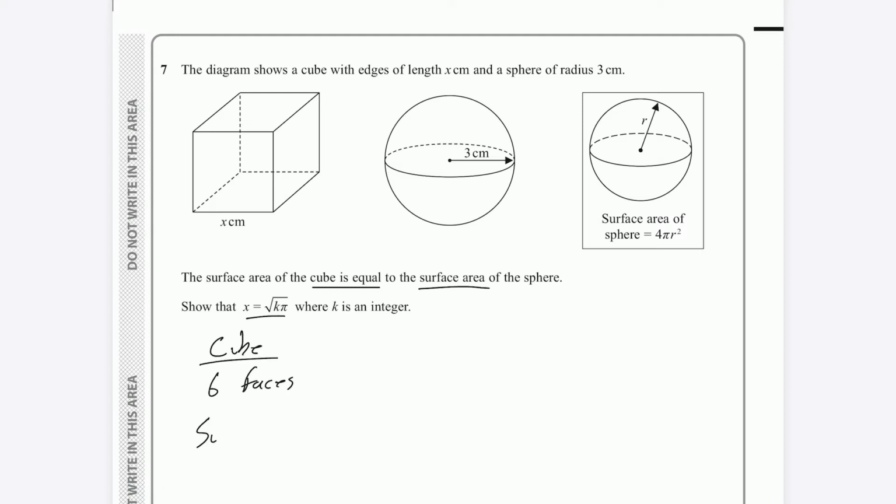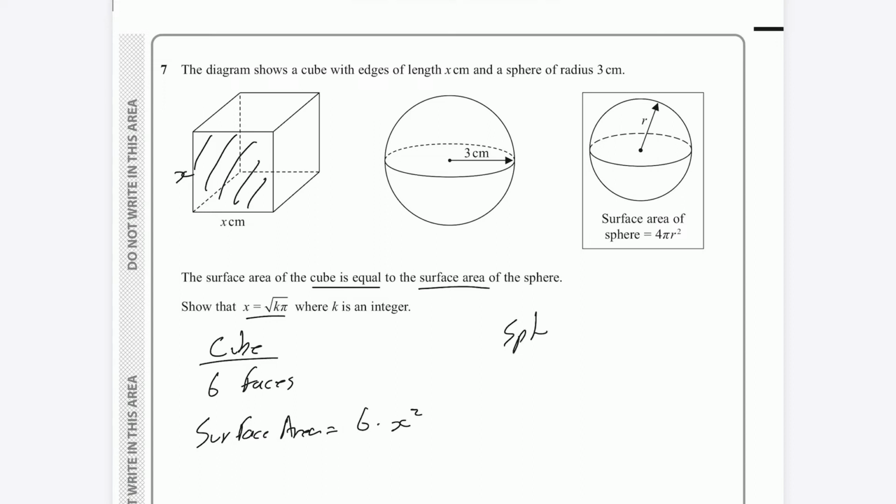So the surface area is going to be 6 times x squared, because each side is x, and the area of one square is x times x, which is x squared, and we're going to times that by 6. So hopefully that makes sense. The 6 came from the faces, and the x squared comes from the fact that one of these sides is x times x.